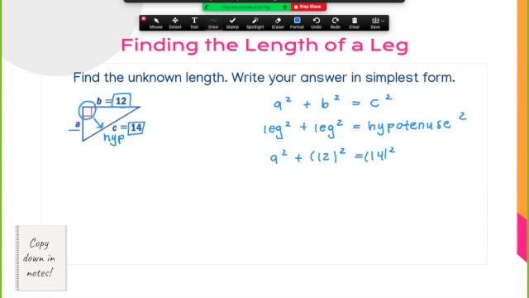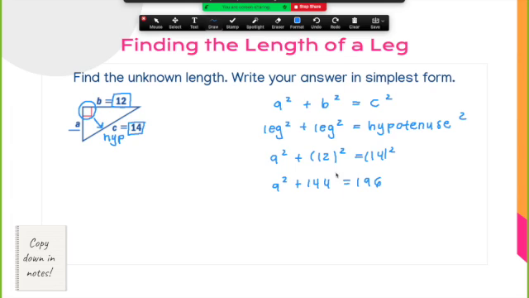So the next step is to start solving for a. So I'm just going to leave a to the power 2 by its own for now. 12 to the power 2 gives me 144. And then 14 to the power 2 gives me 196.